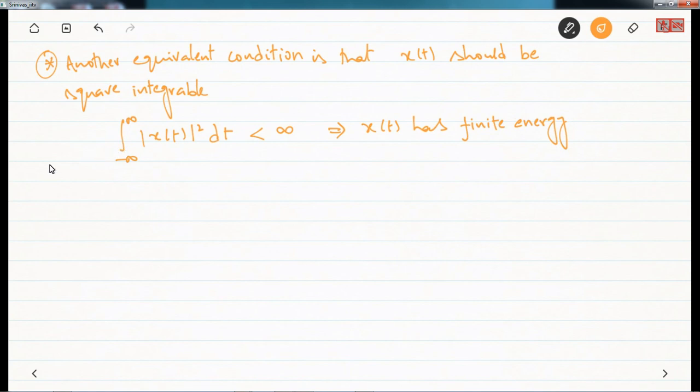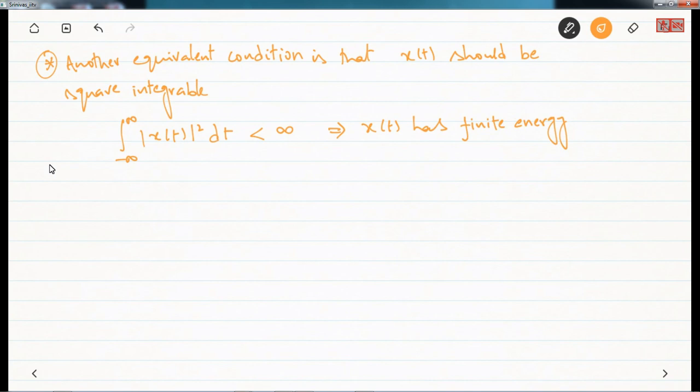So this condition is equivalent to the Dirichlet's conditions, but Dirichlet's conditions give a more detailed view of what the signal should be in order for it to have a Fourier transform. Whereas this condition encompasses all the three conditions, but there are micro differences between these two. Micro differences in the sense, if a signal x of t satisfies Dirichlet's conditions, then what is the equivalence between x of t and its Fourier transform x of j omega?